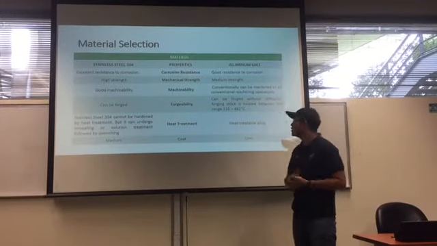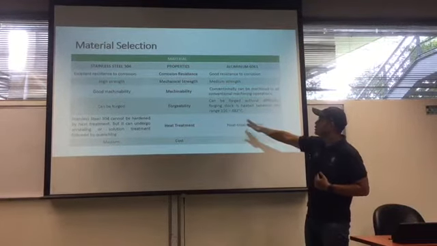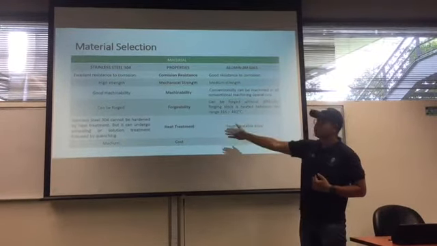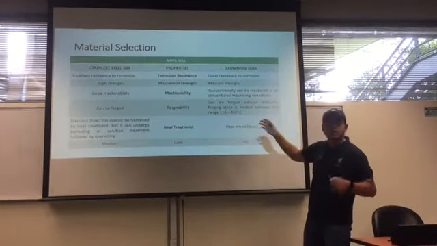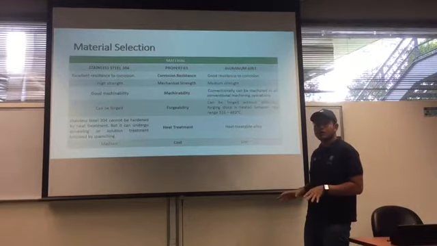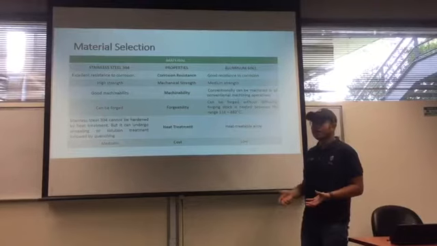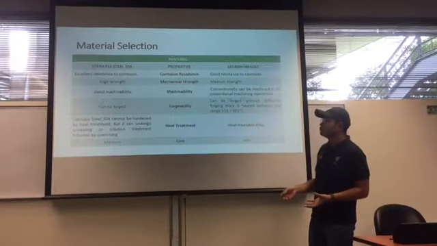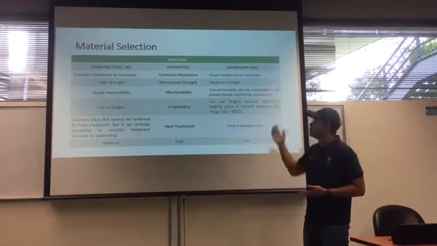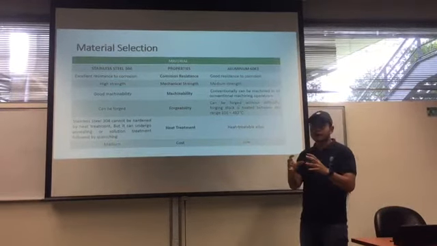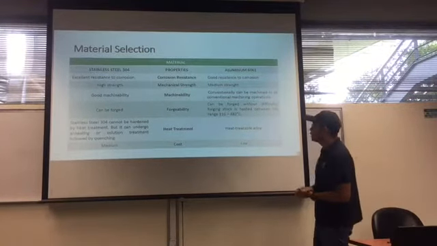For the machinability, both are good, but in terms of forgeability, stainless steel can be forged, unlike aluminium 6061, because usually they don't forge aluminium materials, they shape it. In terms of sustainability, stainless steel is better because it will maintain its shape under high force or any other force that comes from the outside.